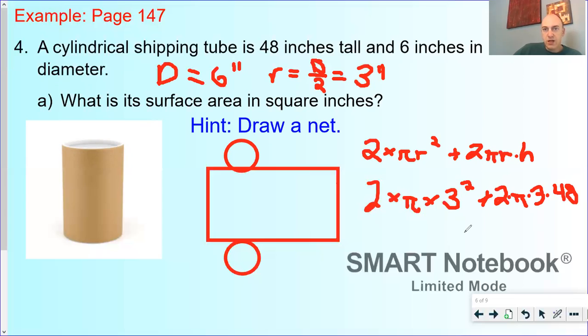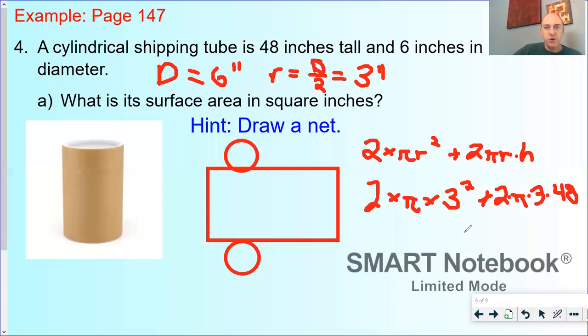Hold on a second. All right, so I've pulled up my calculator here. So I can do 2 times pi times 3 squared. Pi, again, use the pi button, please, with your calculator. And then 3 squared. Notice that it squared it straight away, gave us a 9.